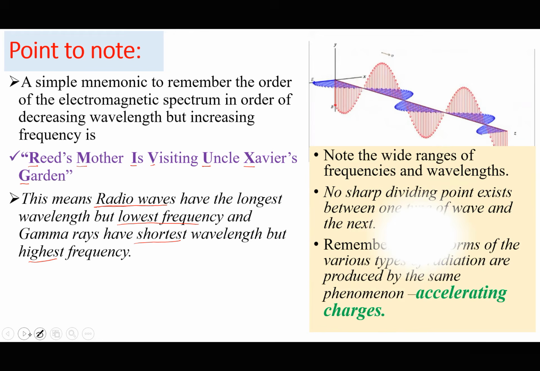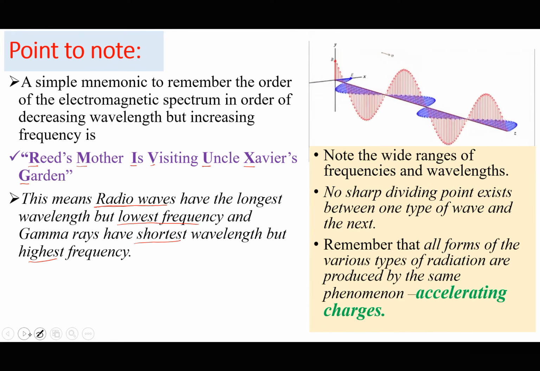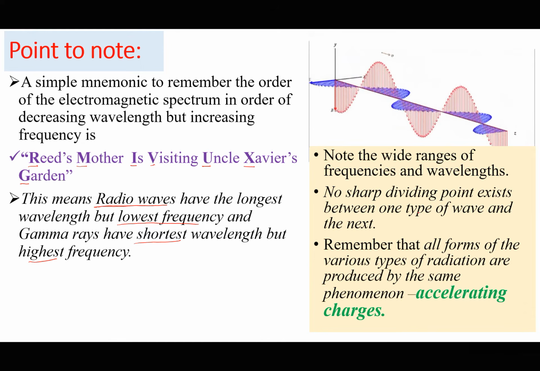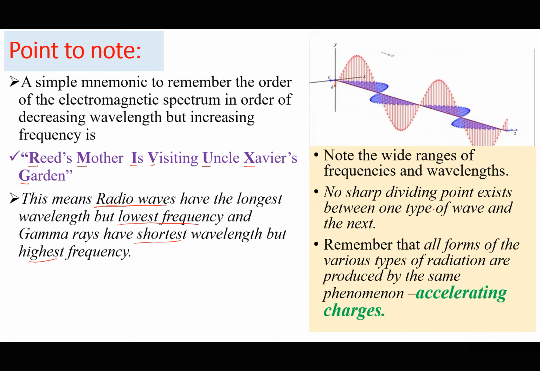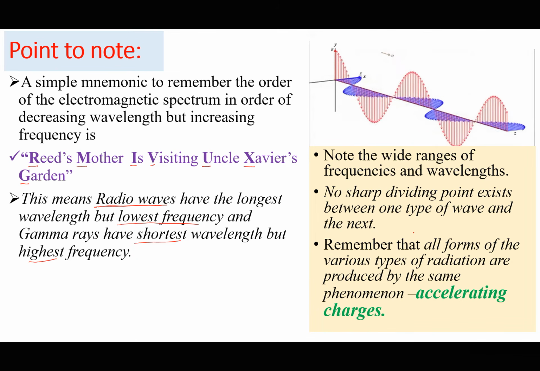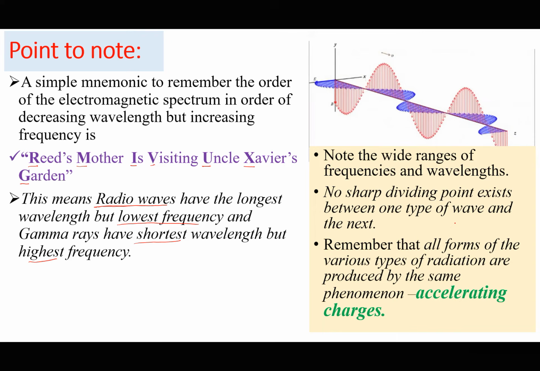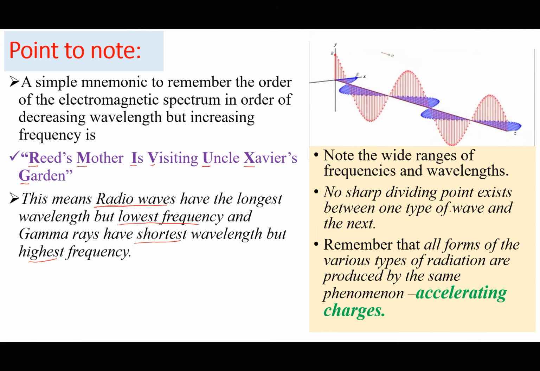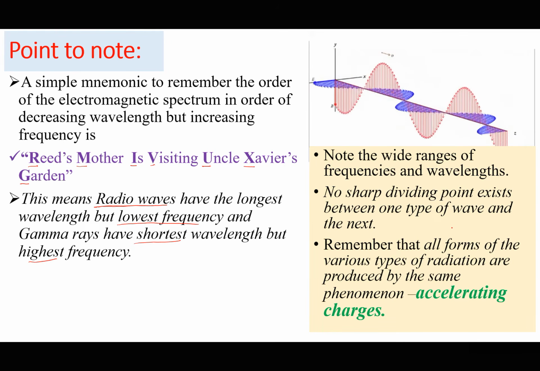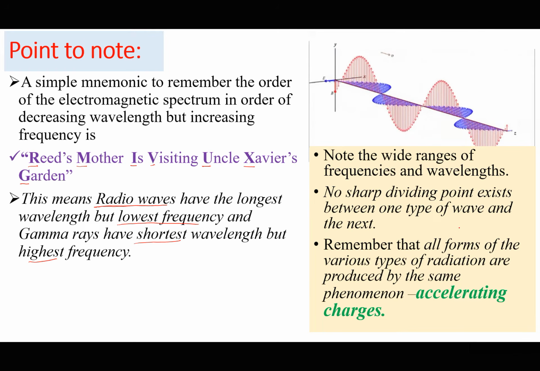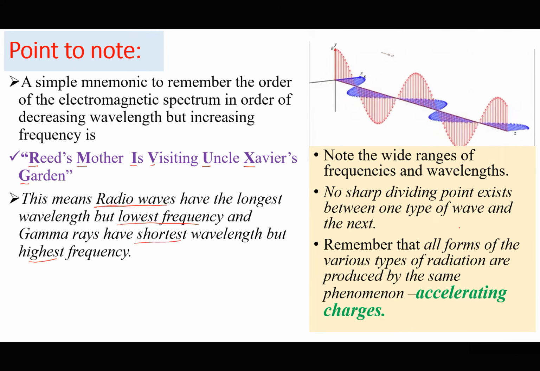Also, I want you to note the wide ranges of frequencies and wavelengths. There is no sharp dividing point between one type of wave and the next. No sharp dividing point exists between one type of region and the next, so there is an overlap.